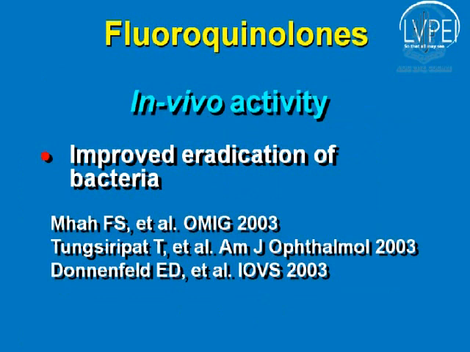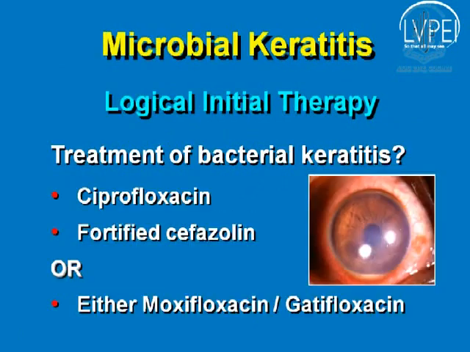Even on in vivo tests, they were found to result in better or improved eradication of bacterial isolates. So the consensus was reached that now we cannot use first generation fluoroquinolone.